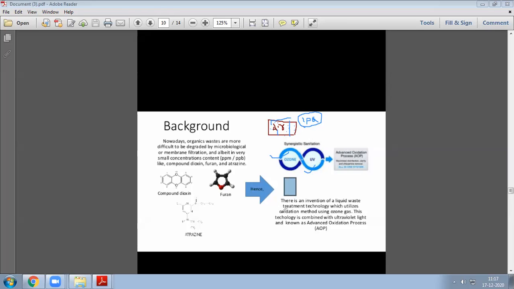What happens here is the same oxidation process, but we can enhance this level by inducing ozone or UV rays. We can pass ozone gas, and with that we can combine ultraviolet light also. What does ultraviolet light do? It is very disinfecting.